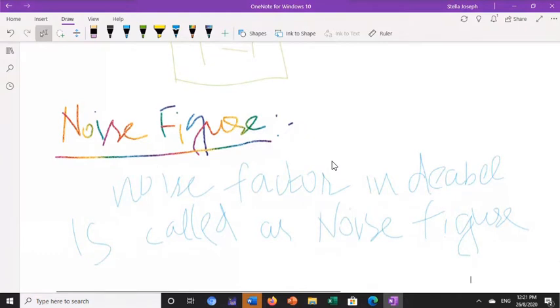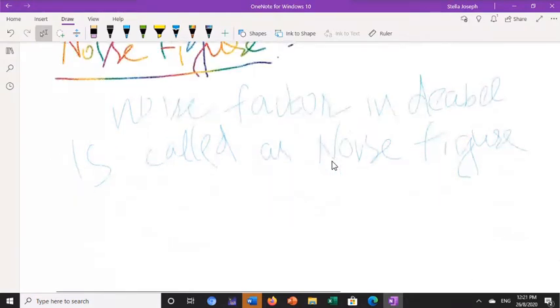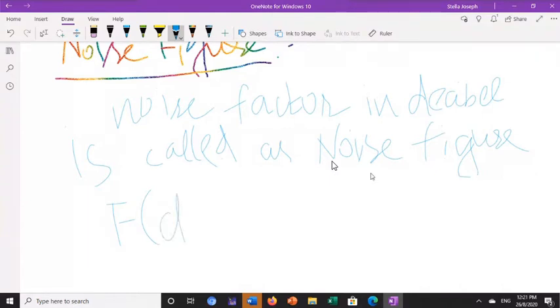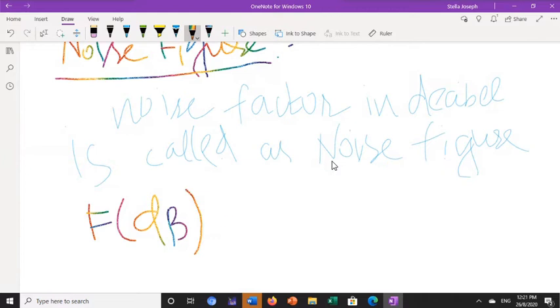Okay. So what is the equation? Noise figure, right? F in dB is equal to, what is noise factor? Input SNR divided by output SNR. When it is represented in dB, then how do we write?